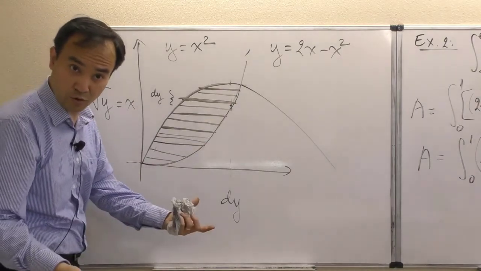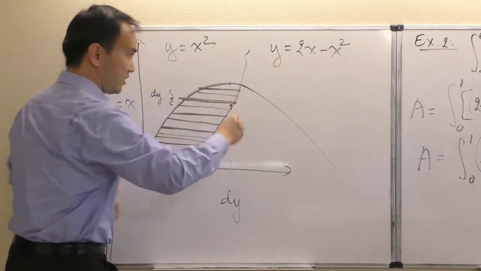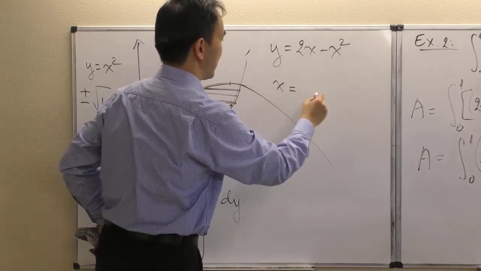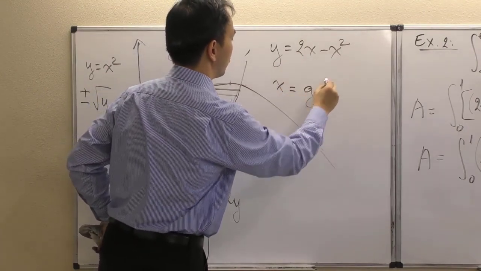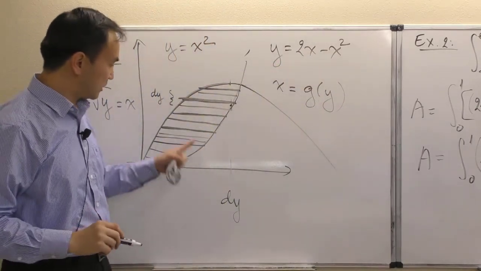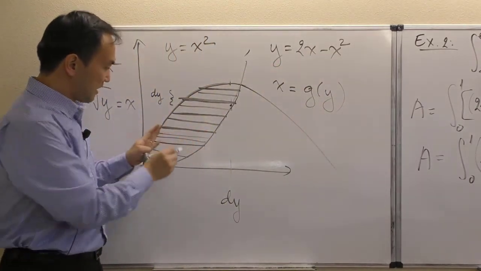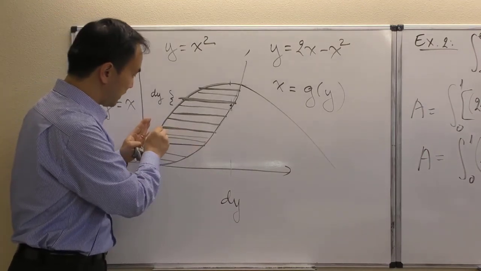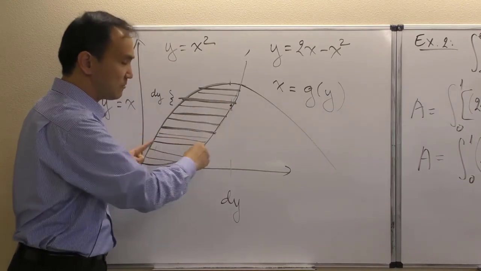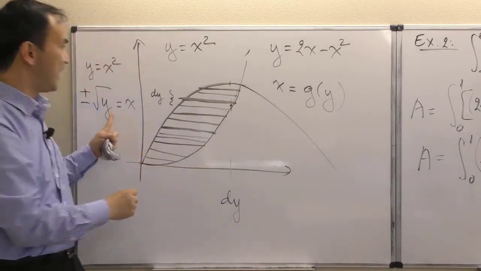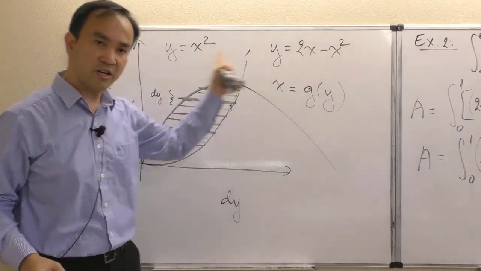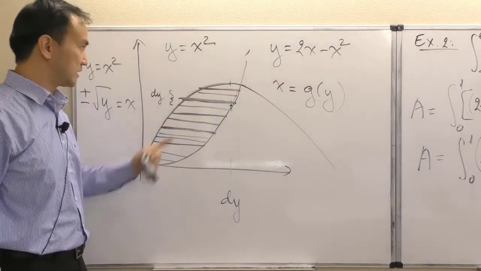It's already a lot more effort. And then this other curve you also need to rewrite. You need to solve for x as some function of y, and it will take some more time as well. So if we go with the horizontal stripes, we don't have to worry about the left and right curves changing behavior, but we do have to face the problem of rewriting each curve in terms of the opposite variable.